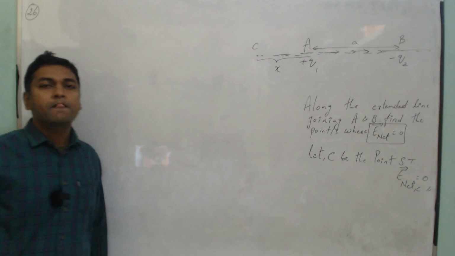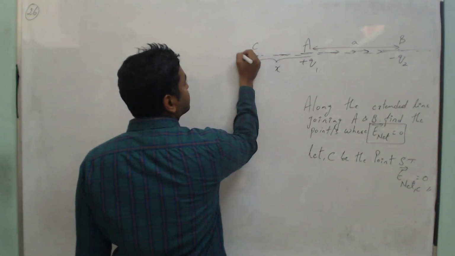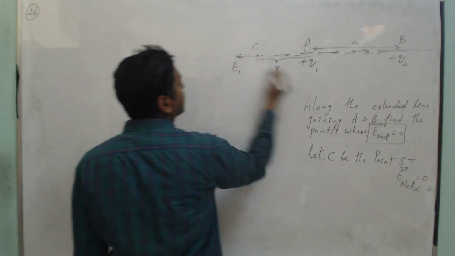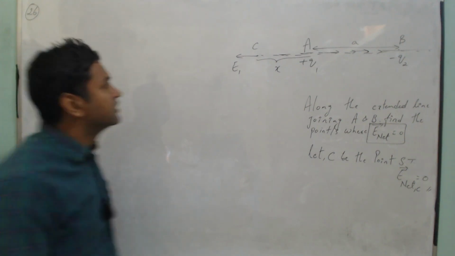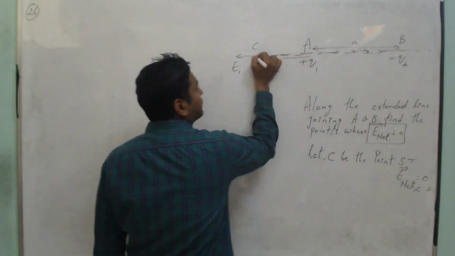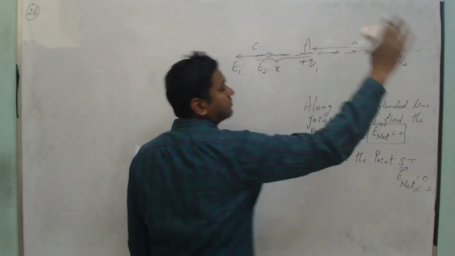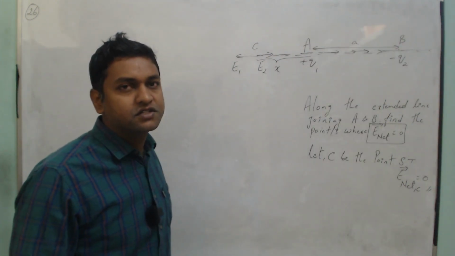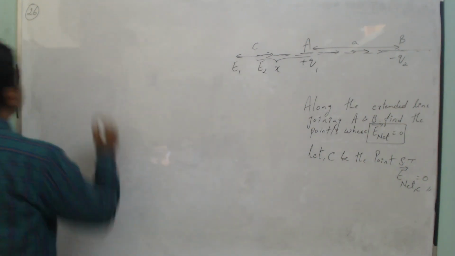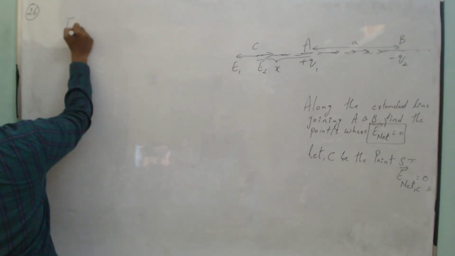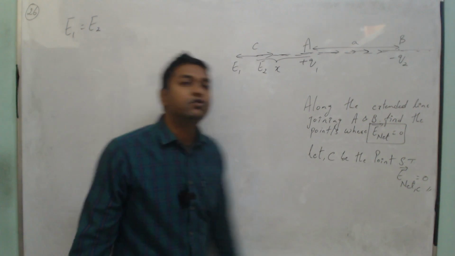The direction of electric field due to charge Q1 is going to be from right to left, away from the positive charge. Whereas the direction of electric field due to charge Q2, which is E2, will be from left to right, which is towards right. For the net electric field to be equal to zero, that means the electric field magnitude E1 should be equal to the magnitude E2.